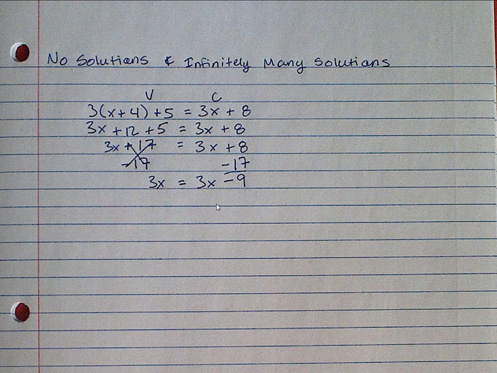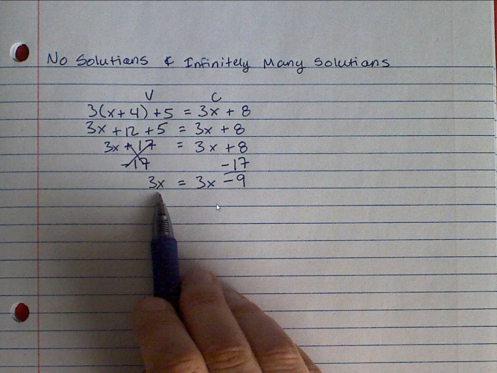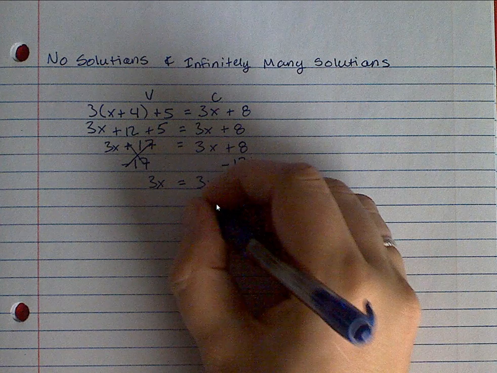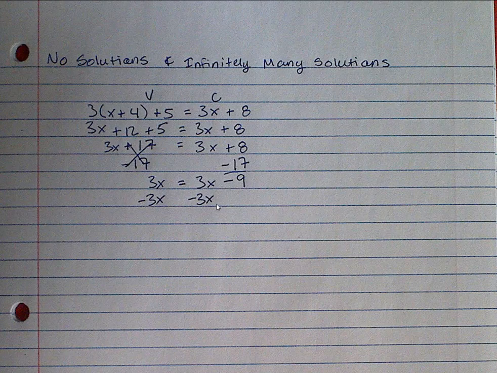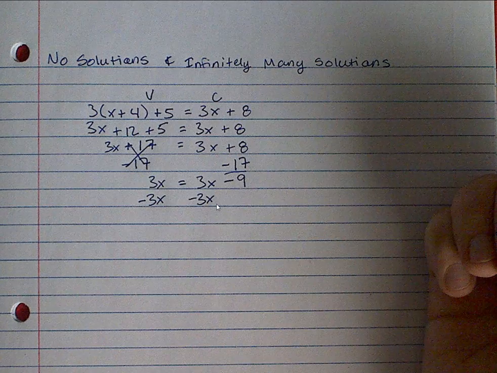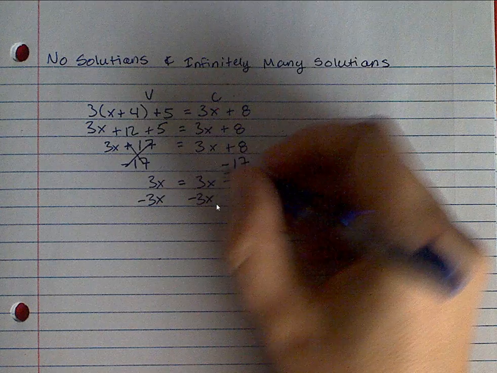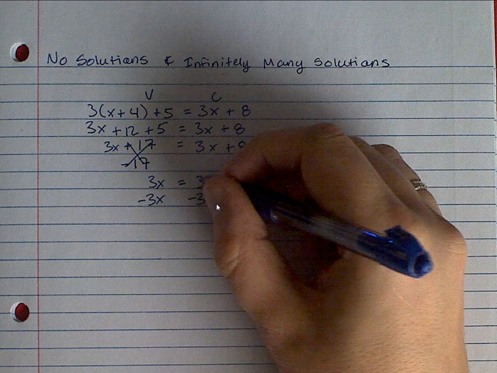Juju, how do I move this 3x to the other side? So I'm going to minus 3x, not just 3, but 3x, right? So minus 3x, minus 3x. So what happens to 3x minus 3x, Juju? It doesn't turn into x. Yeah, it goes away completely.